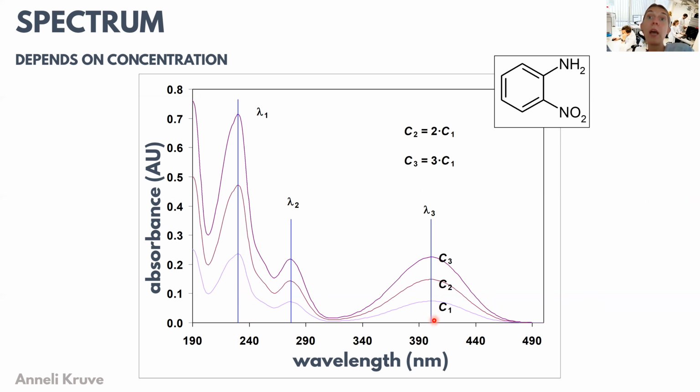It's actually in the visible region. So now only colorful compounds could be interfering with our measurements. This means that lambda 3 is much better suited for the quantitative analysis than lambda 1 or lambda 2, even though its molar absorption coefficient is not the highest of all of these wavelengths.